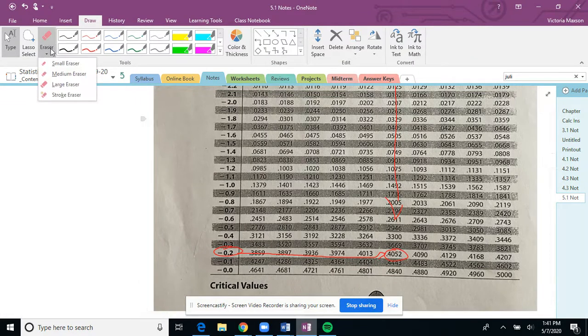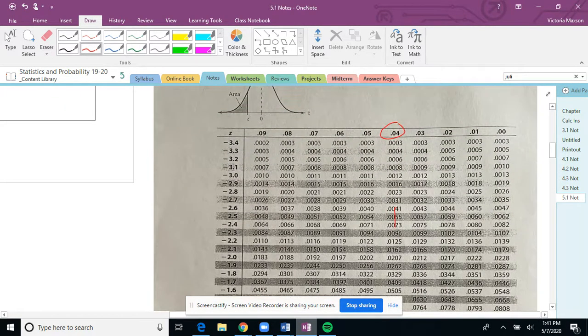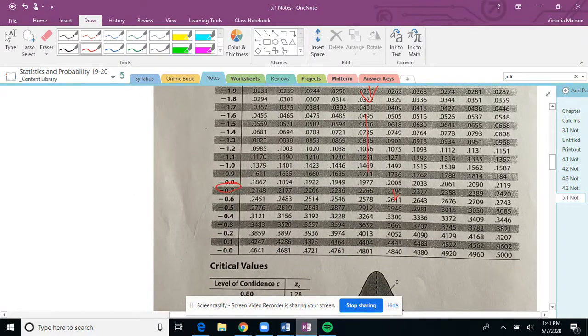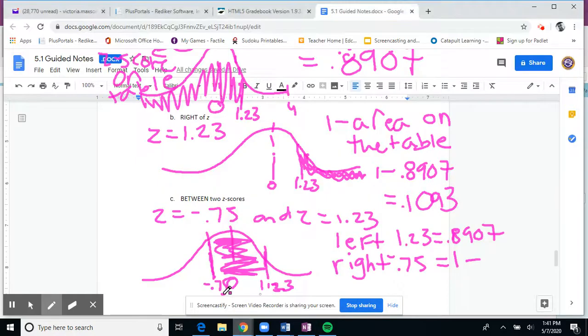Here is negative 0.7. We want 0.05, so we're going down this column: 0.2266. So when we do 1 minus 0.2266, we get 0.77.